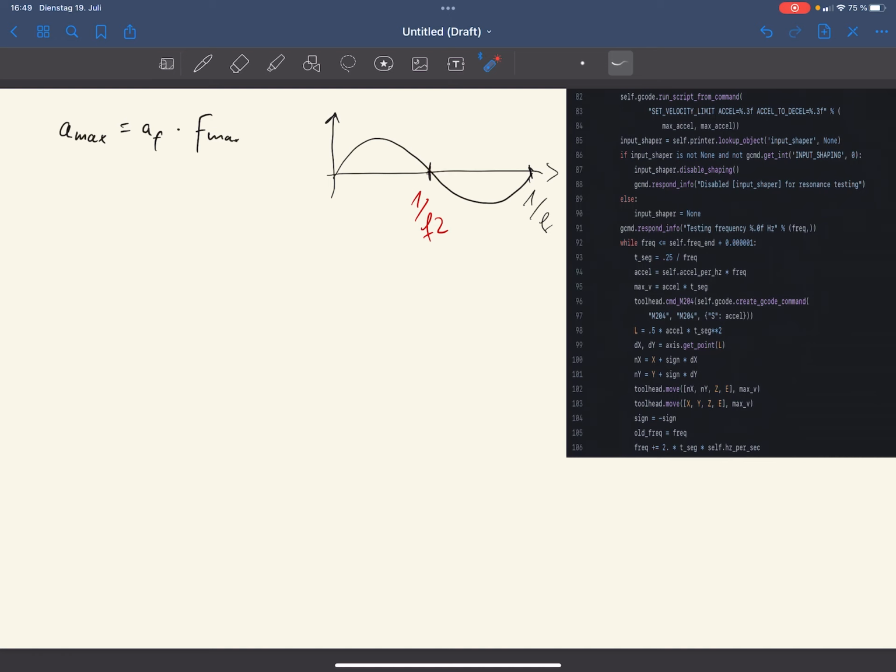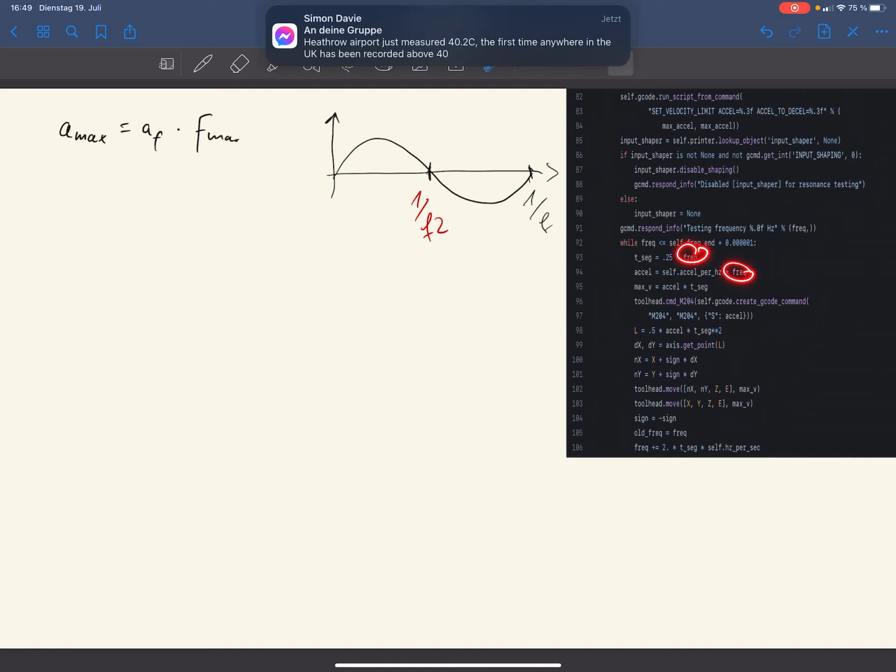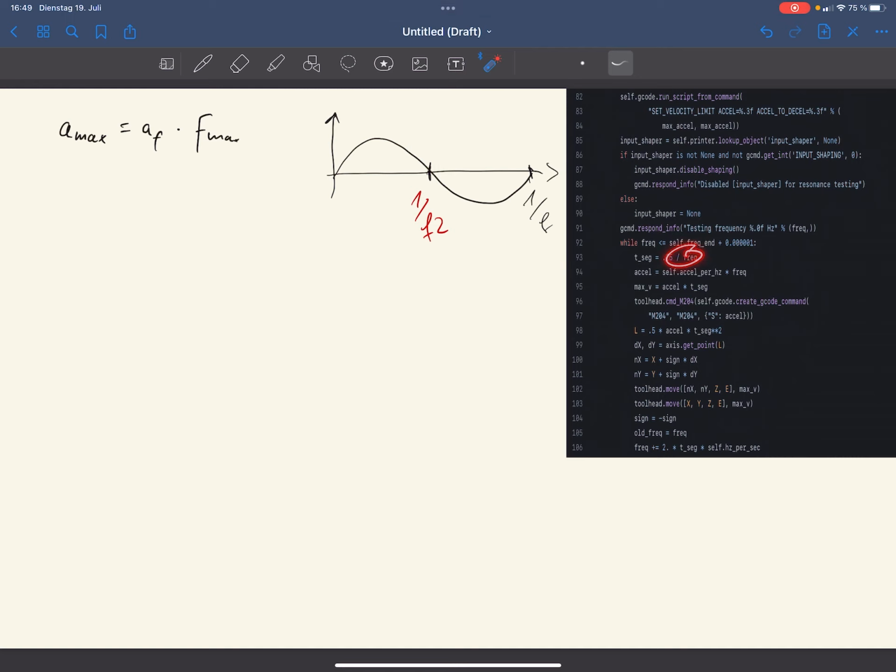Okay, and we can see we create a little offset here, which is probably to avoid being able to divide by 0 or multiply by 0 here, because both cases would be critical. Of course, a division by 0 would cause the program to kill itself. Yes, okay, so then we have something which is probably the time for the segment, t_seg. I'm going to call it in the same way now.